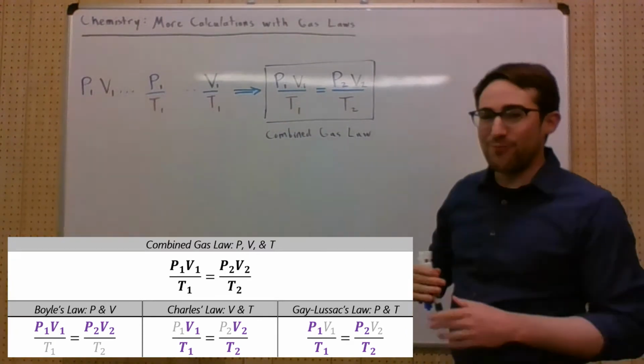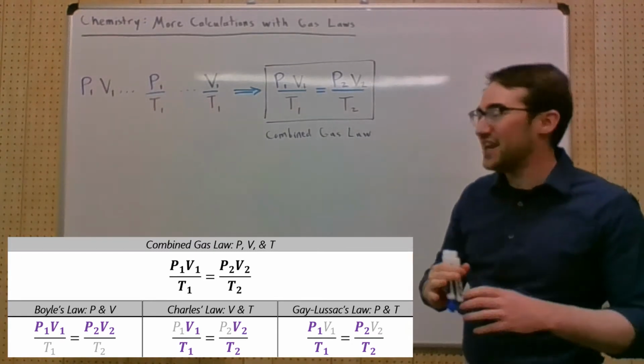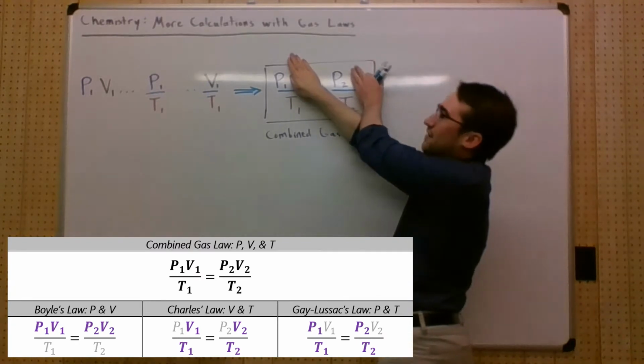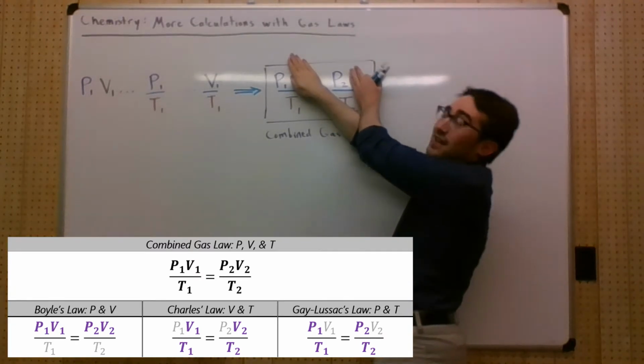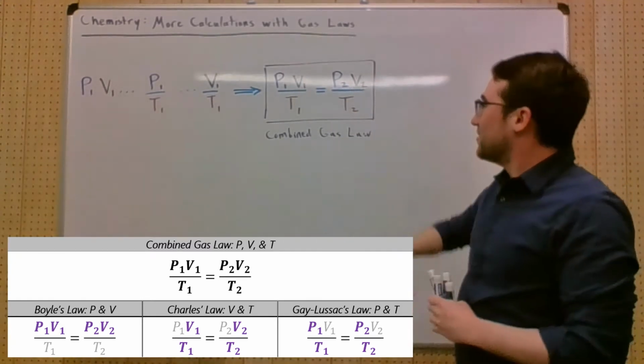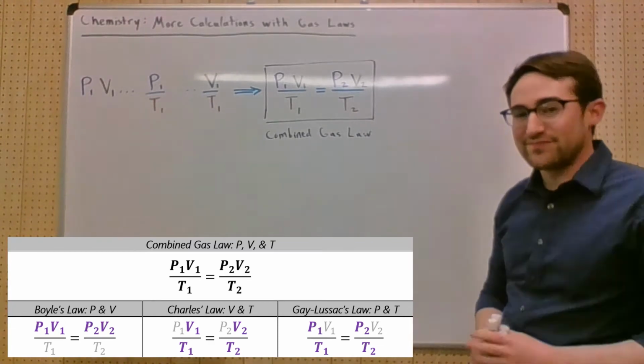If I am working with something like a rigid container, the volume's not changing, and I hide the volume here and here, then I get Gay-Lussac's law. So you can go from the combined gas law and figure out the other gas laws if you need them.